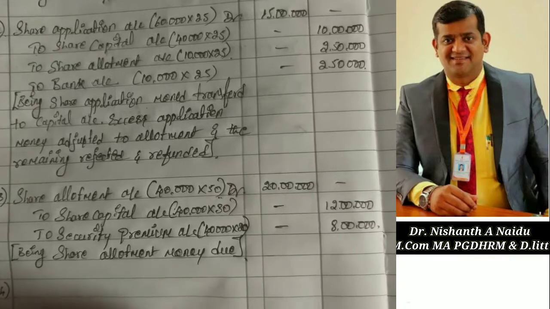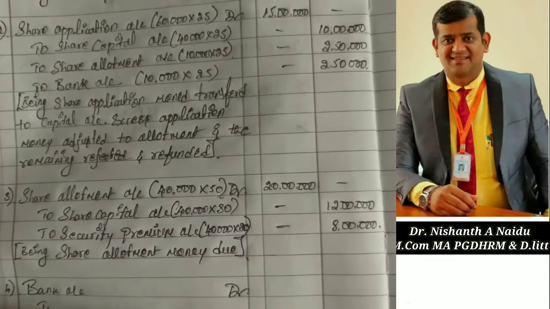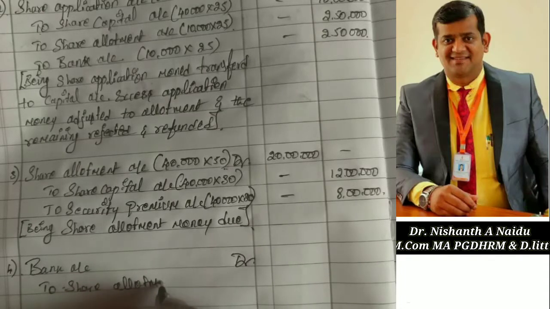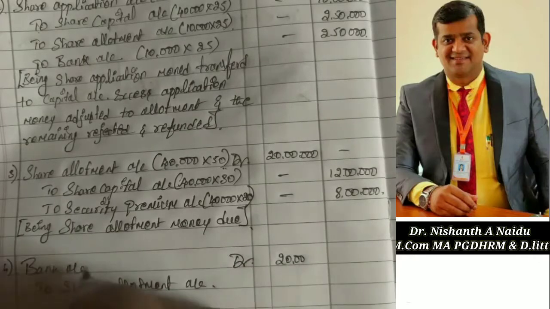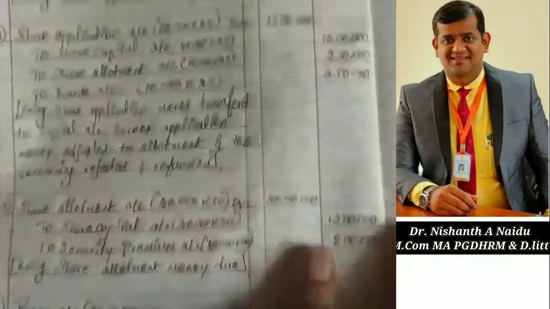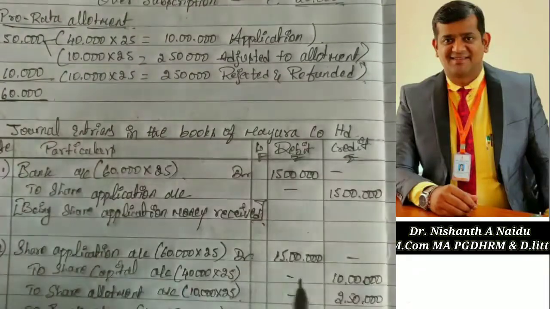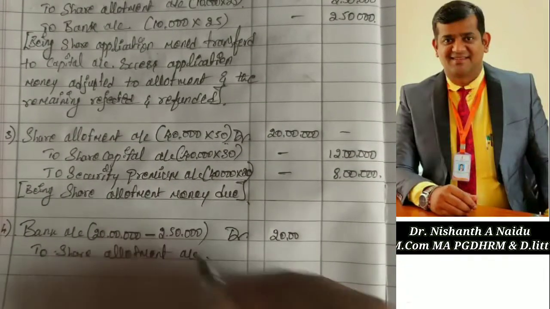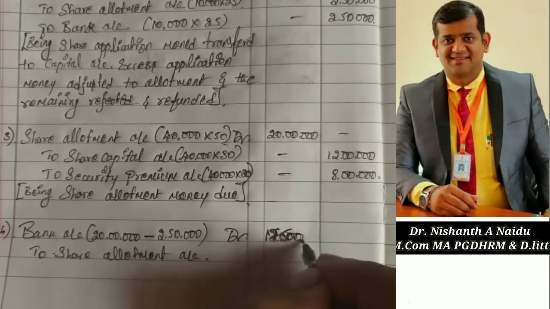So next is the receive entry, the fourth entry, that is bank account debtor to share allotment account. So that is 20 lakh. Out of this 20 lakh we have an adjustment, right? How much have we adjusted towards allotment here? 2,50,000 adjusted towards allotment. So deduct that 2,50,000, so 17,50,000.